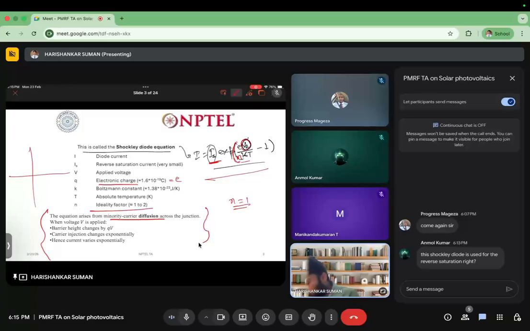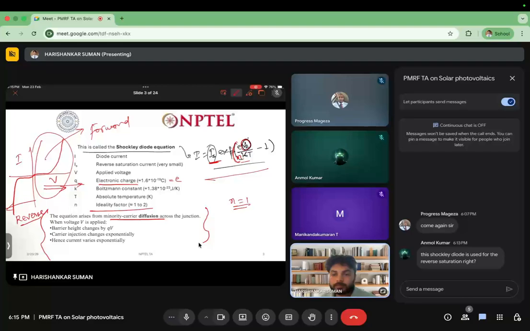like in the forward, this is I, applied voltage V here. This side is forward bias and this side is reverse. This is microamp in reverse, while forward is milliamp.